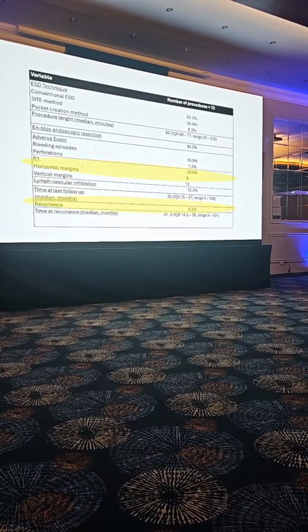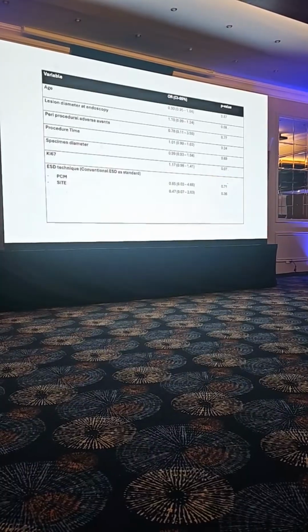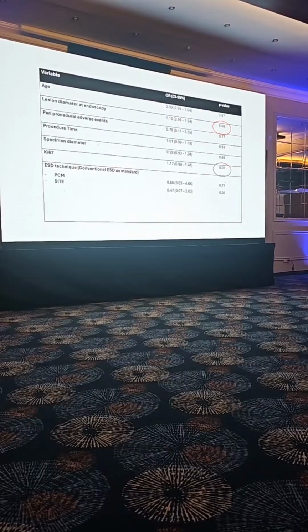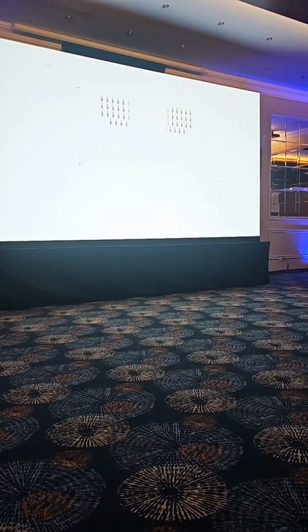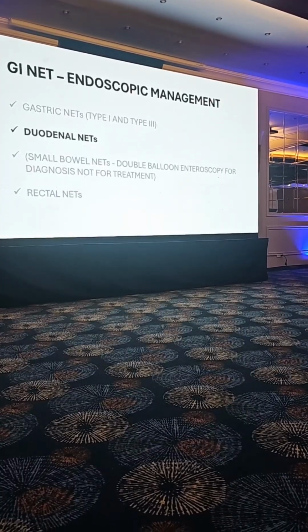So 88% of the patients had R0 resection with ESD, and this is why we recommend ESD. And of course, dimension and Ki-67 influence these resection results a lot. And this is for the gastric NET.